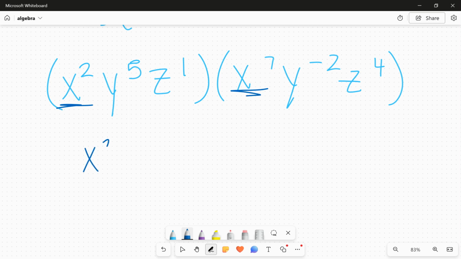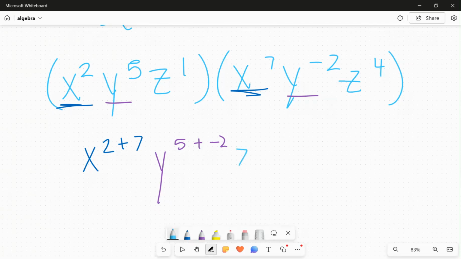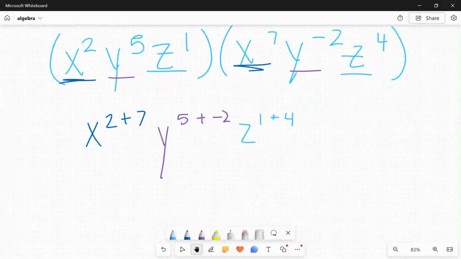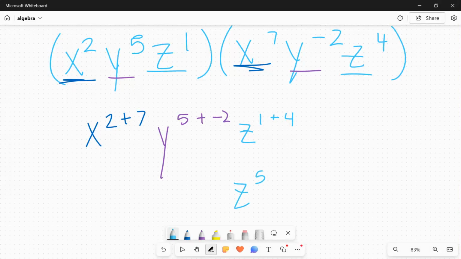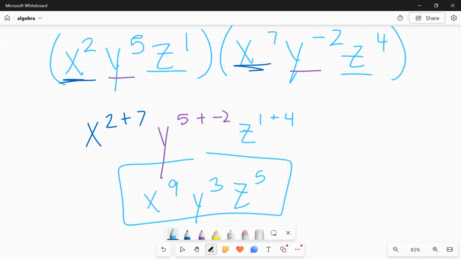X's, x to the 2 plus 7, y's, y to the 5 plus negative 2, and z's, z to the 1 plus 4. Okay, awesome. Now let's just combine z to the 5, y to the 3, and x to the 9. And those, all multiplied, is our final answer.